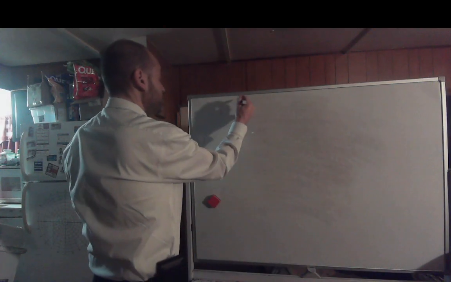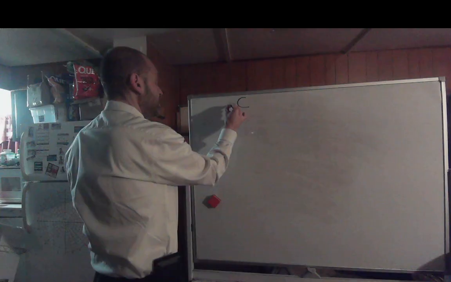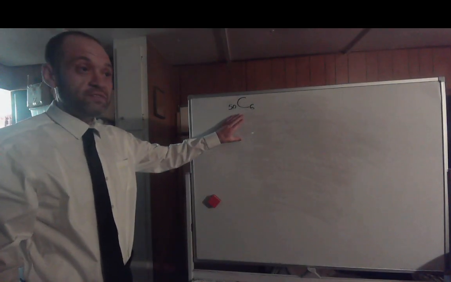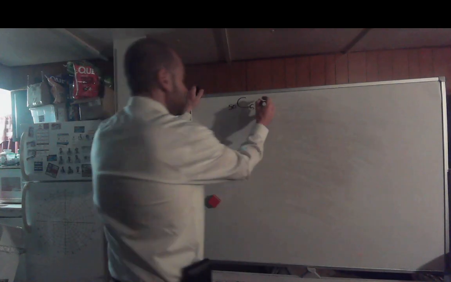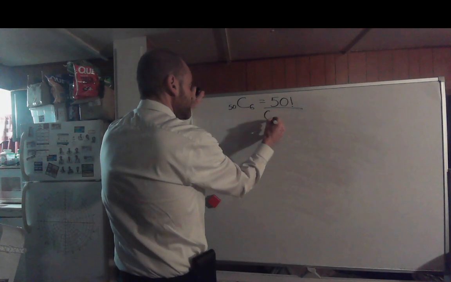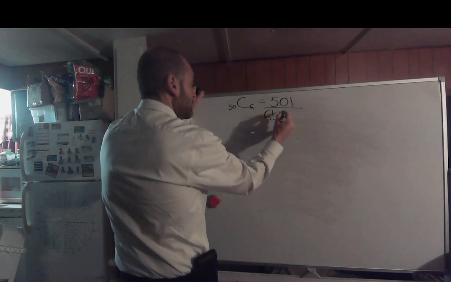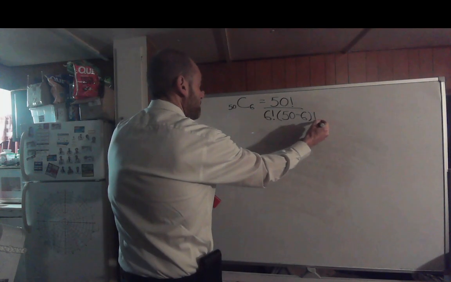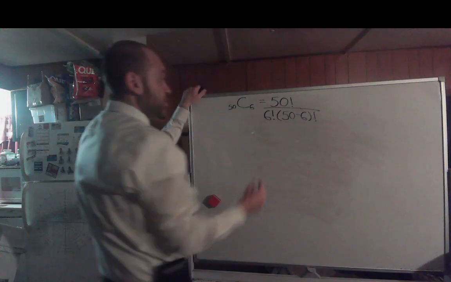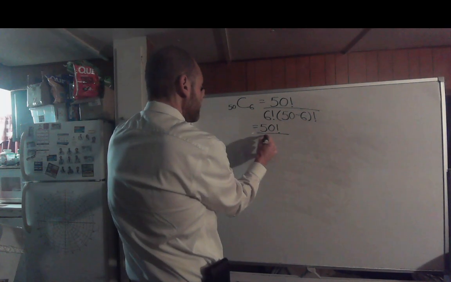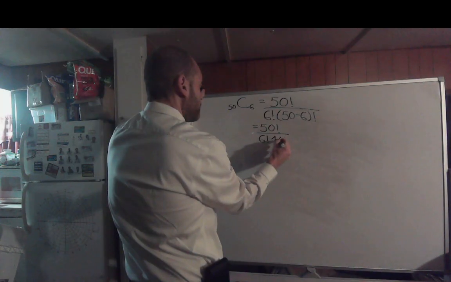Good one. So I'm going to take the combination of 50 items 6 at a time. So that's going to be 50 factorial all over 6 factorial times the quantity of 50 minus 6 factorial. Alright, so this would simplify into 50 factorial all over 6 factorial times 44 factorial.